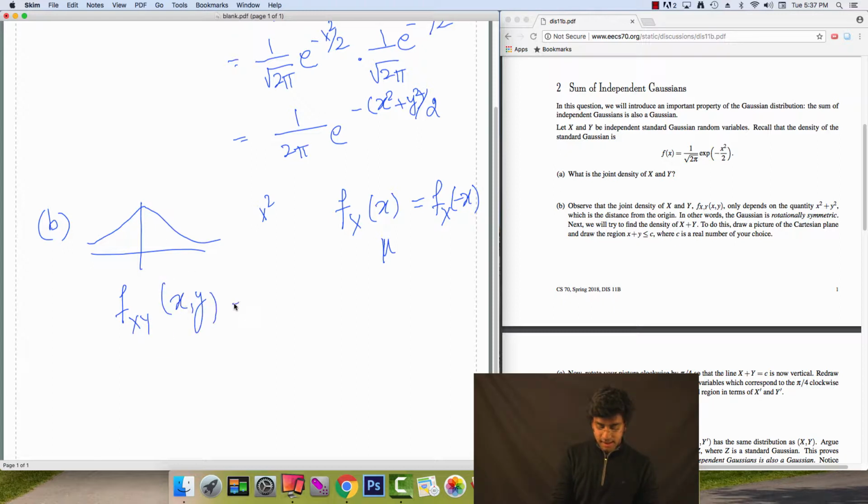So now we see that f of x, y is 1 over 2 pi e to the negative x squared plus y squared over 2.